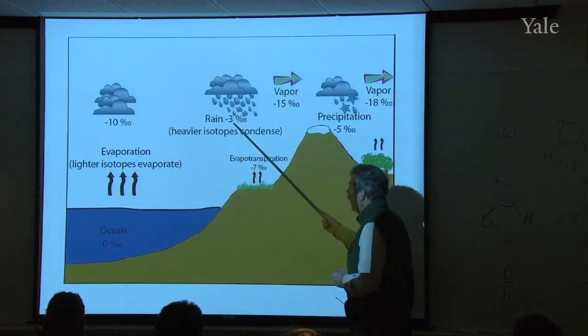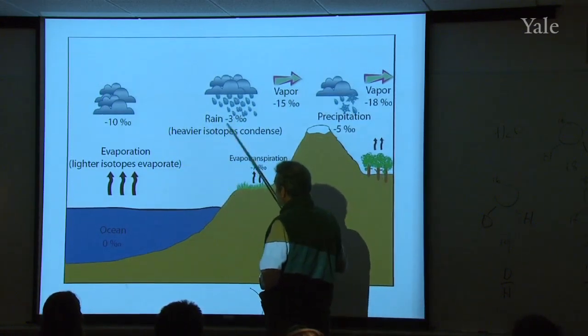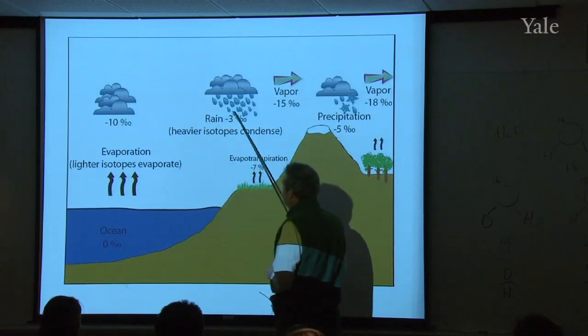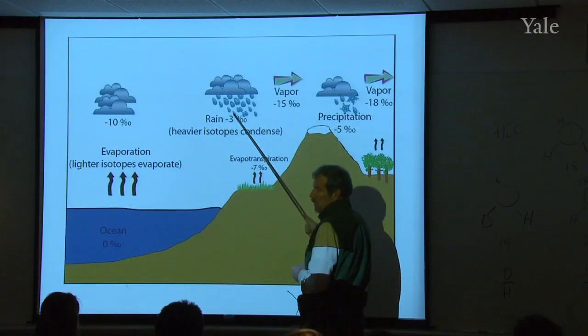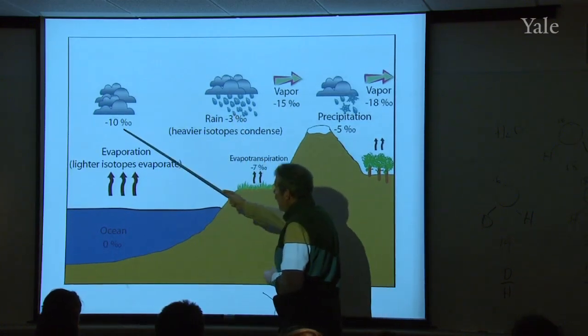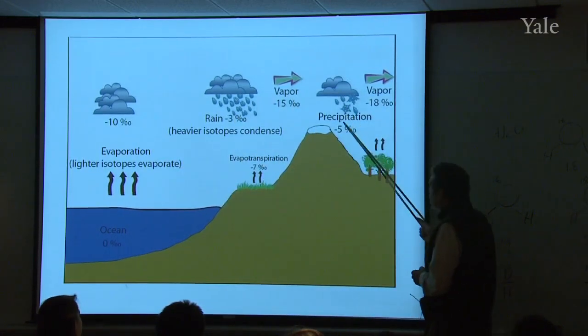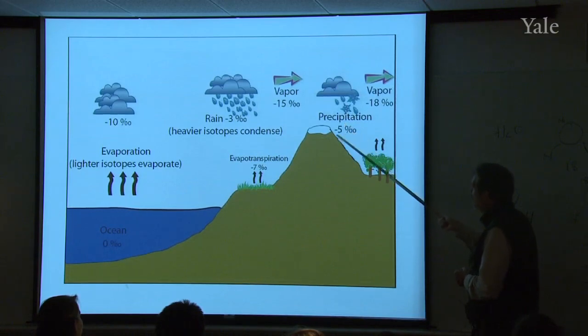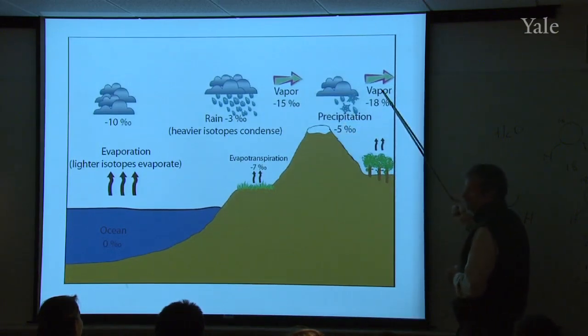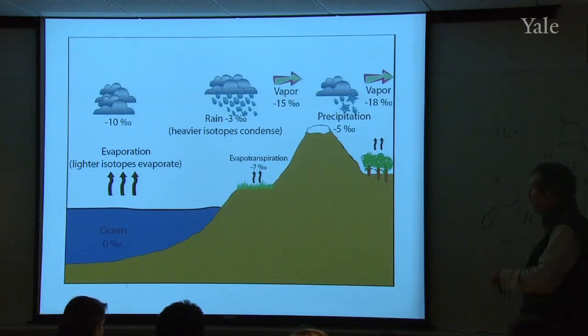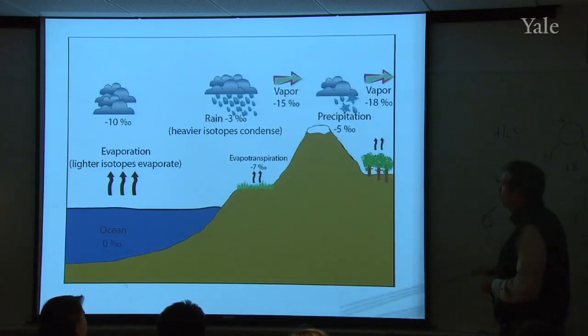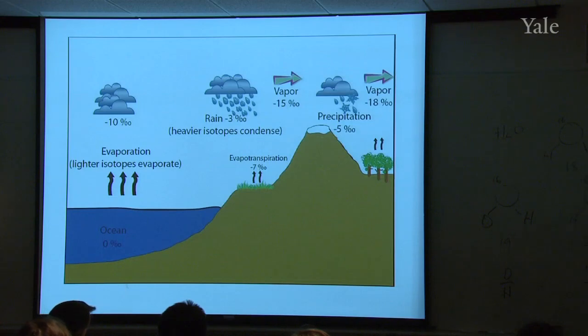The rain that comes out of that is, while it's lighter than ocean, heavier than the vapor from which it's formed. Right? So it has a negative number, but not as negative as that, making the vapor still lighter, making the next precipitation still lighter, and the vapor is even lighter than that vapor. So the things progress along together, gradually raining out the heavier isotopes.